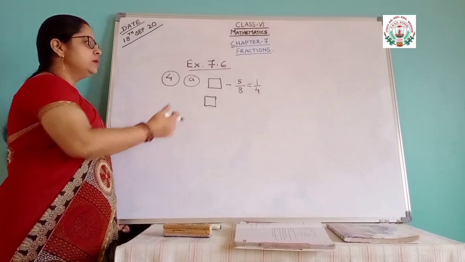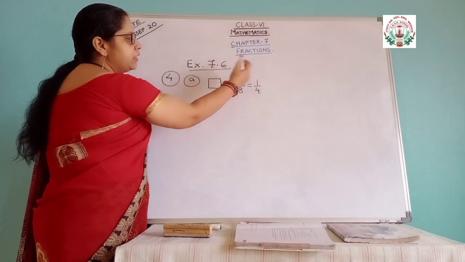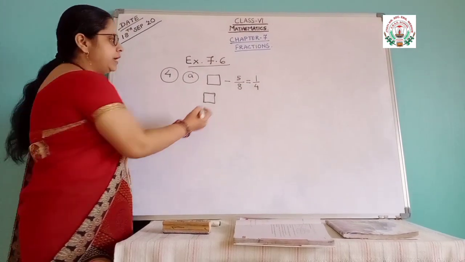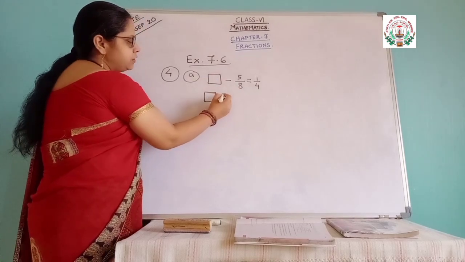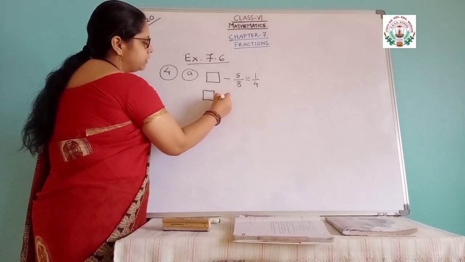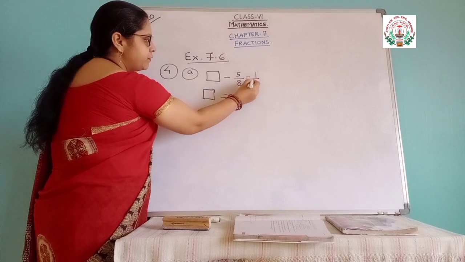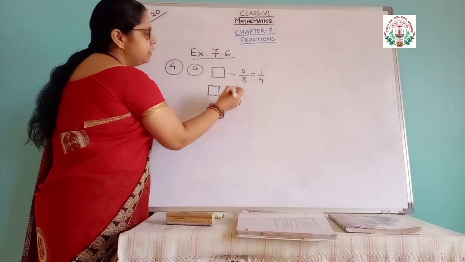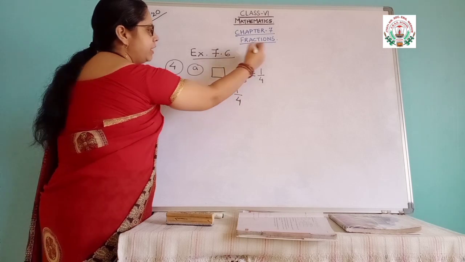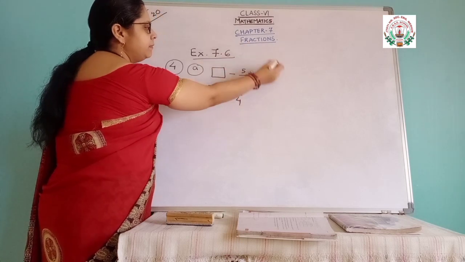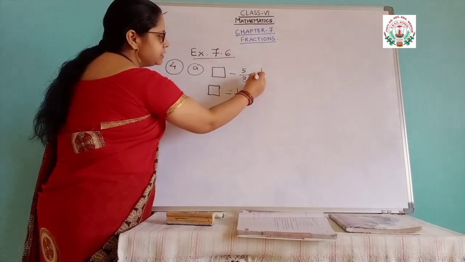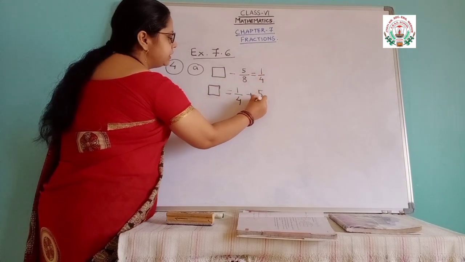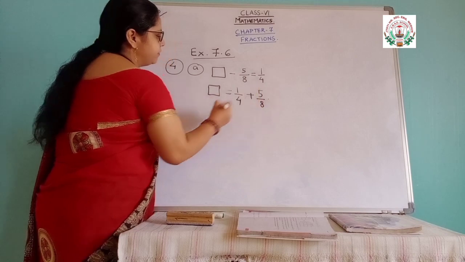So this minus 5 by 8 we are taking to the other side and it now becomes plus 5 by 8. After the box we write equal to, then 1 by 4 was already there, so that 1 by 4 will stay, and minus 5 by 8 we are transferring here, so it will come a little later, after this 1 by 4, and it will change its sign, now becoming plus 5 by 8.